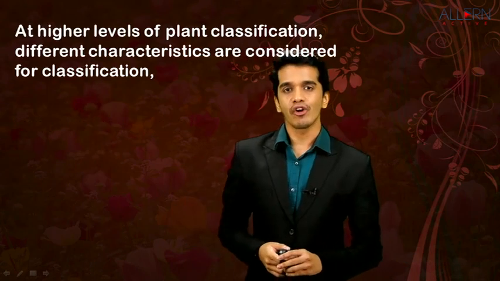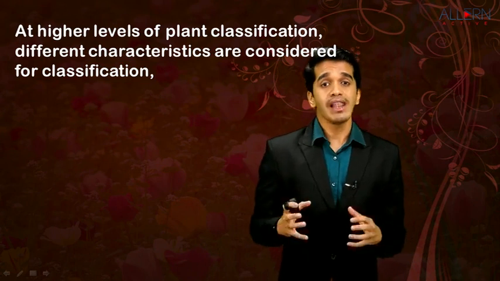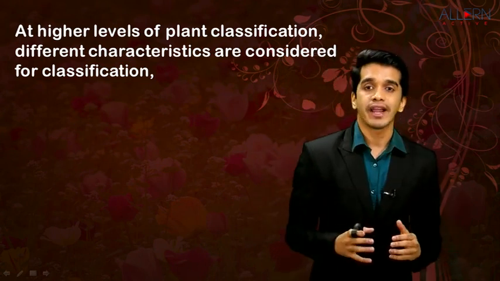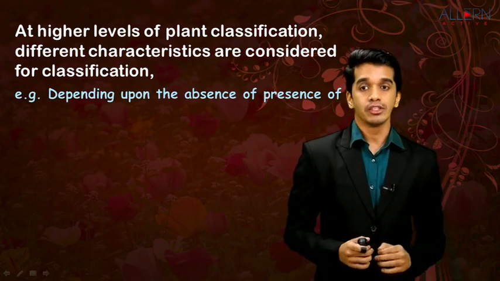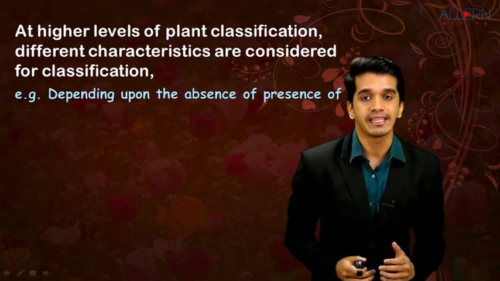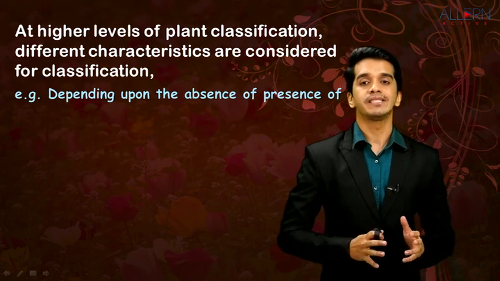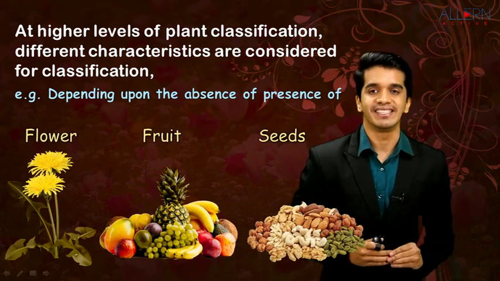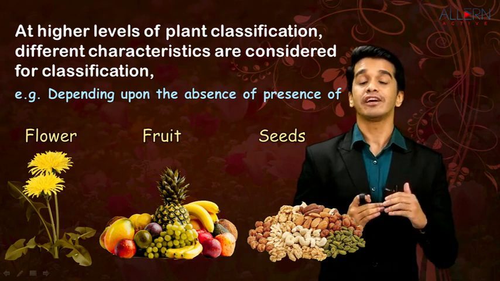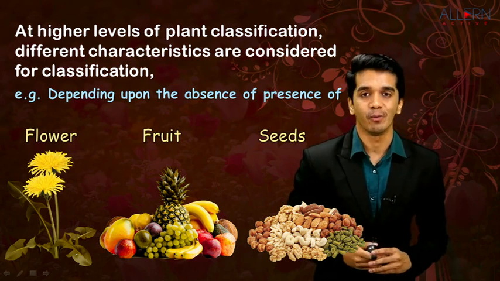When you talk about higher plants, all higher plants are classified depending upon the different characteristics present in them, that is, the absence or presence of flowers, fruits and seeds. This is the way the higher plants are further classified into different groups.